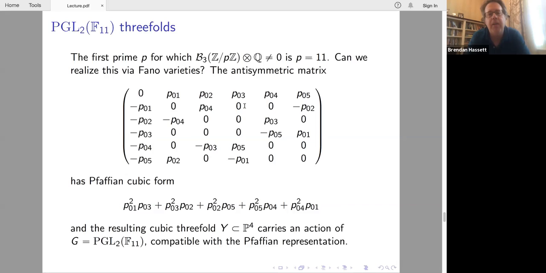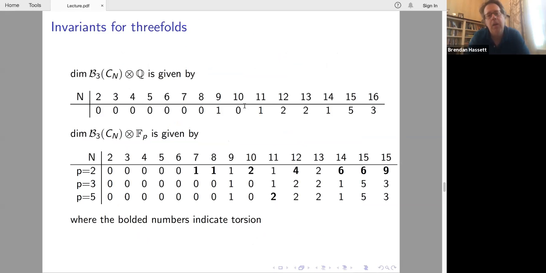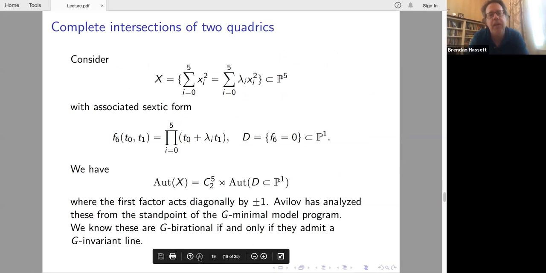I'm going to go back to the tabulation. So this is the first prime where you have a non-trivial invariant. And so let's see if we can actually use that invariant to do something interesting.